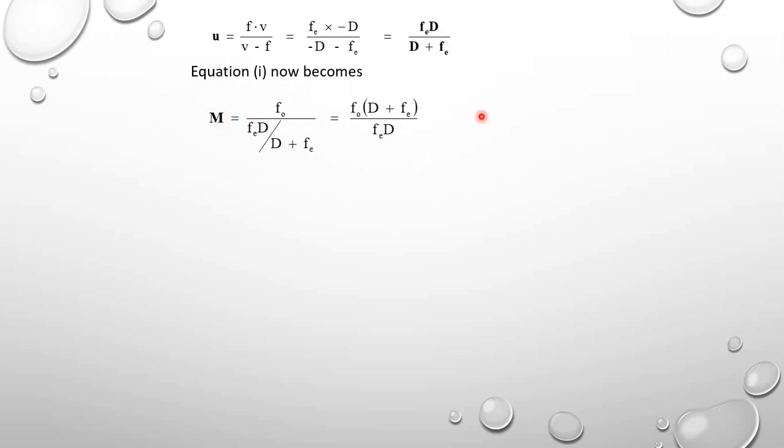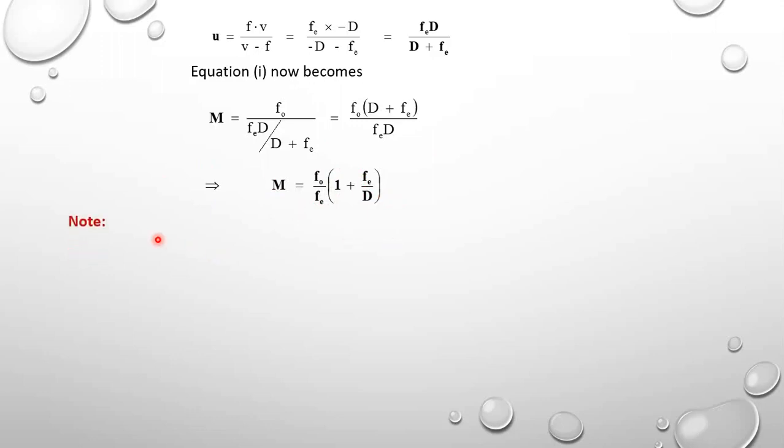That's going to be the u. Then we shall substitute back in the magnifying power formula that we had derived, and when we substitute for u and simplify, we shall have our angular magnification as f naught over fe into brackets 1 plus fe divided by D.